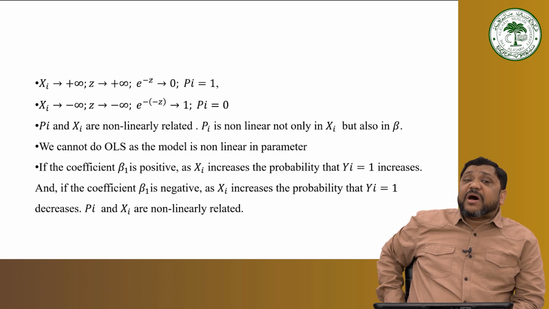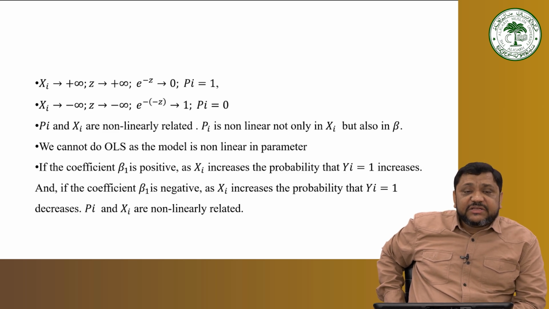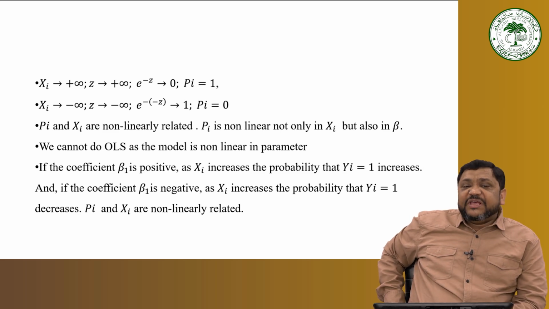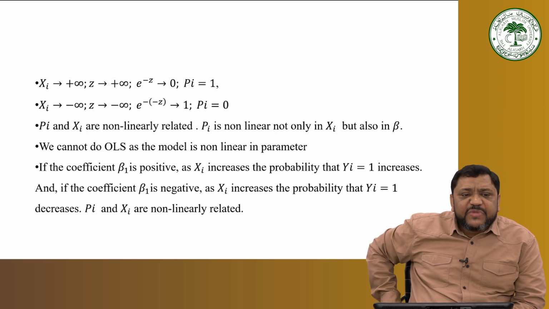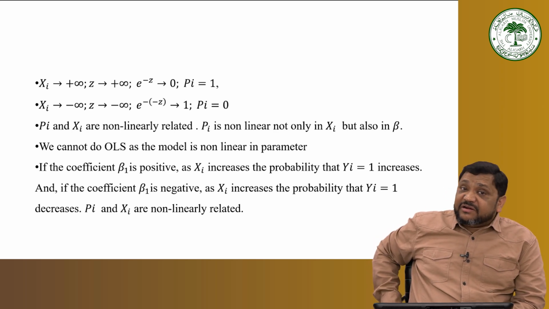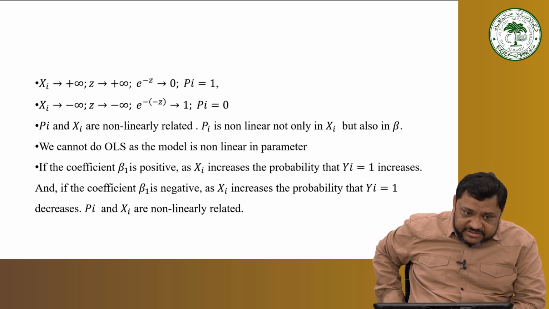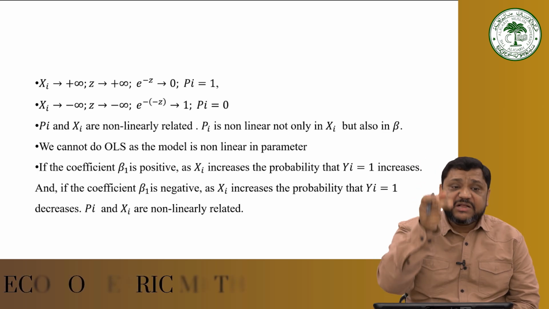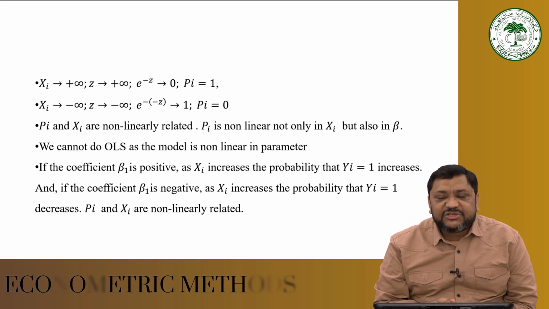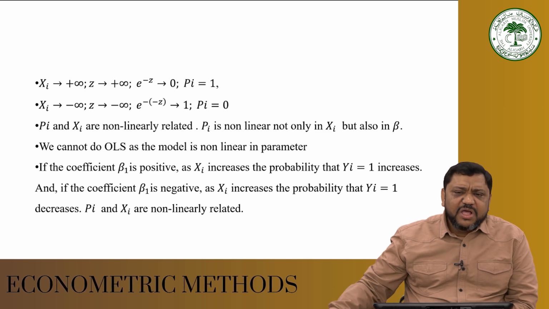E raised to the power minus z, which is there in our logit function, tends to 0, so Pi is equal to 1. And the opposite of it, when xi tends to minus infinity, z also tends to minus infinity. E raised to the power minus z tends to plus infinity, and Pi is equal to 0.